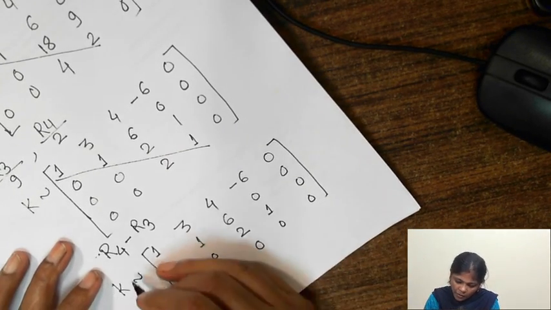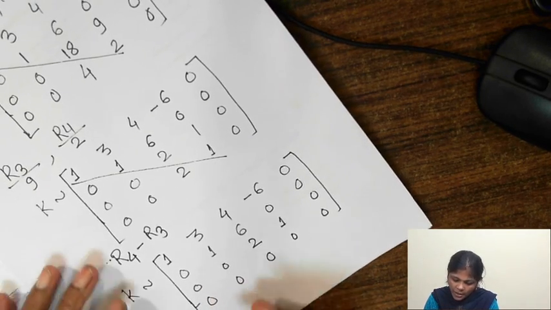Now let us use this in equation 1. What is equation 1? Ax equal to b.